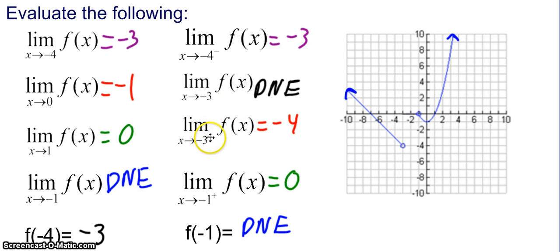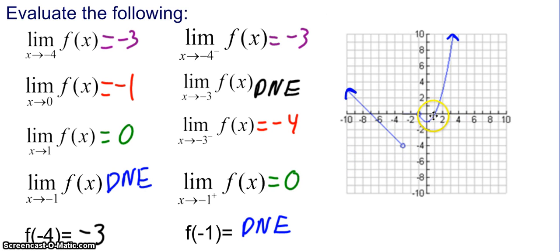The limit as x goes to -3 from the left is, if I'm on this piece and I go down towards -3, going, boom, -4. I don't actually get there. The function doesn't exist, but the limit does, because I am approaching -4 as x is approaching -3 from the left.